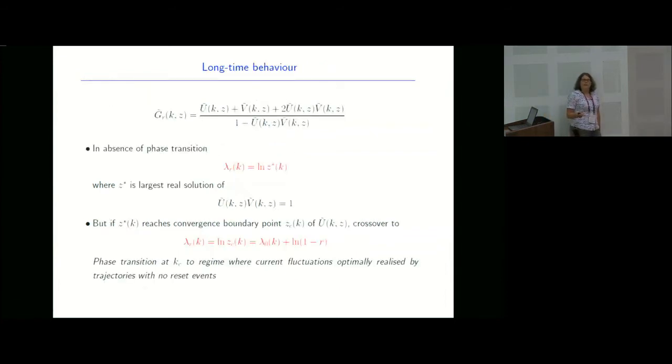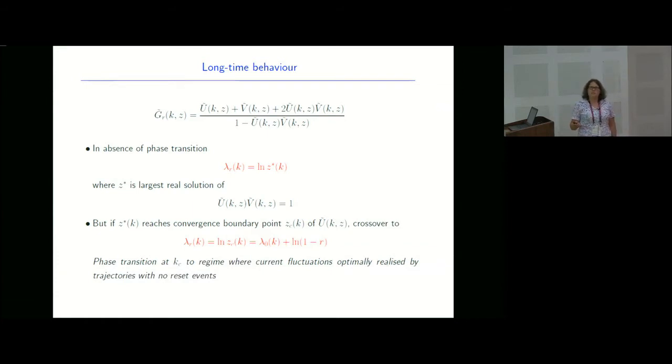So here we are again. Here's the expression for the generating function, and we want to look at values of Z for which this diverges. And if there's no phase transition, it's very easy. The divergence is just given when this denominator is 0. So the scaled cumulant generating function is the log of some Z star, which is the largest real solution of u tilde v tilde equals 1, so the denominator being 0.